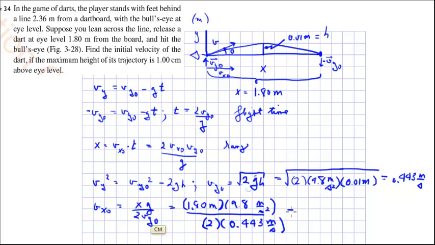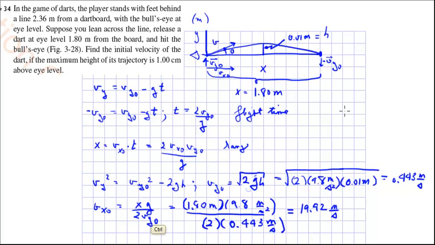And that is 19.92 meters per second. That dart is being thrown pretty fast. It's got a pretty shallow profile here, so that would have to be the case.